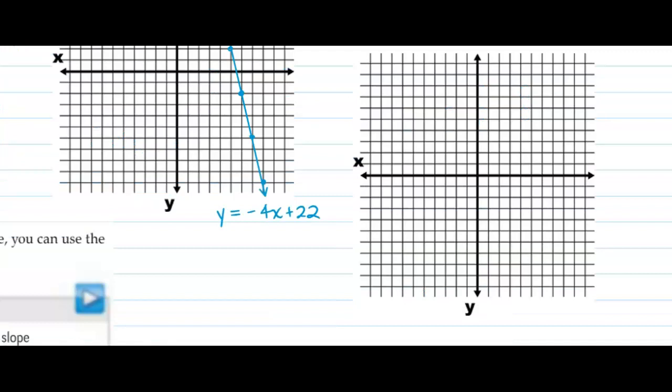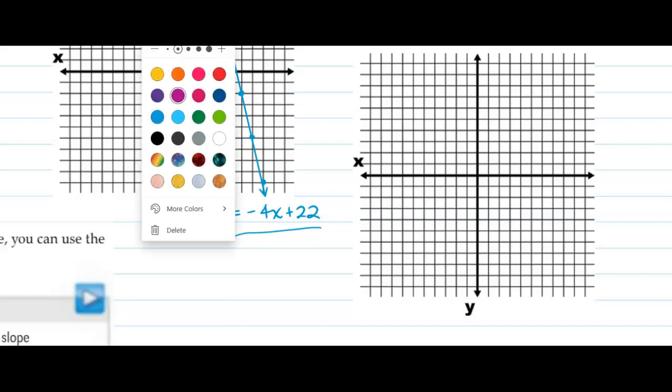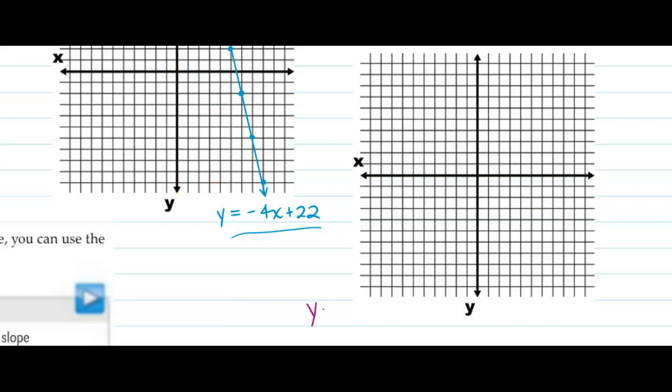In order to practice graphing, given this original equation, and the fact that my graph isn't large enough to accommodate 22 on the y-axis, I'm just going to make up a new problem to practice graphing instead. And the new problem will be y equals negative 3x plus 5.